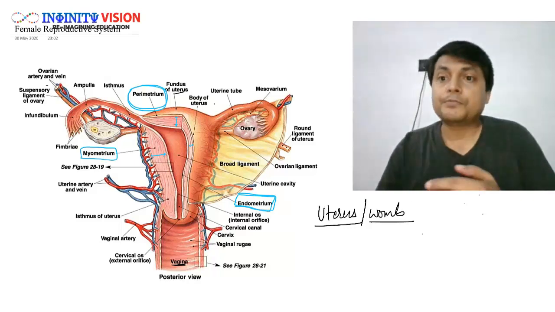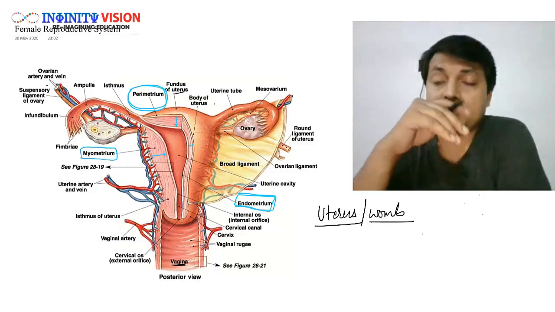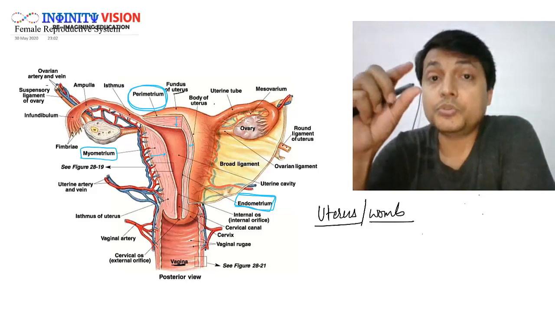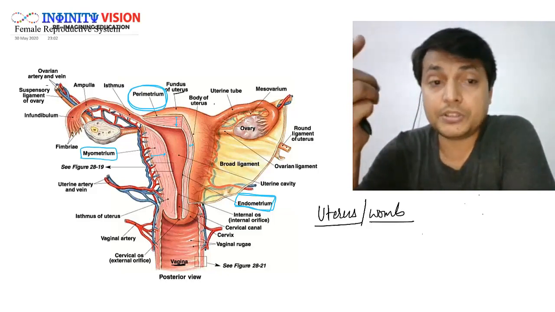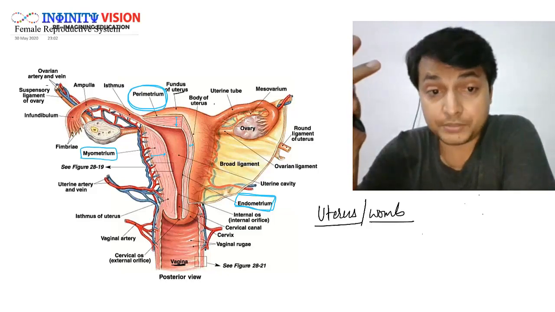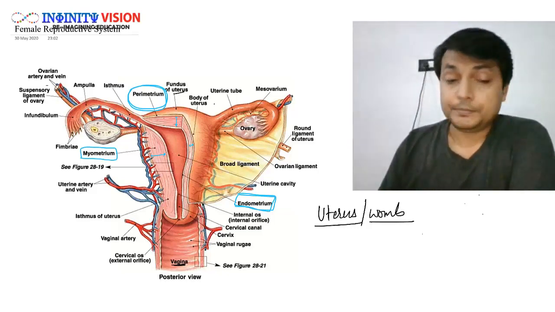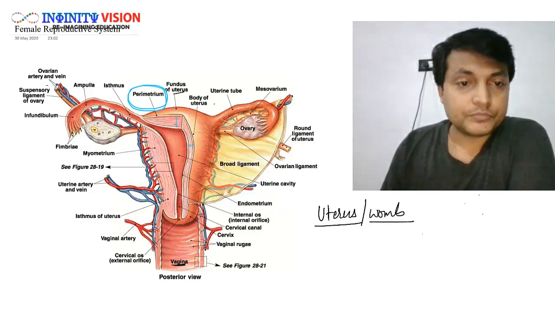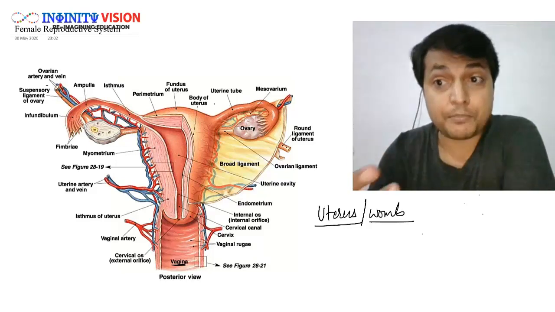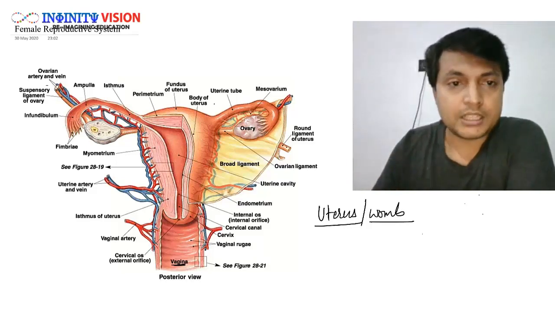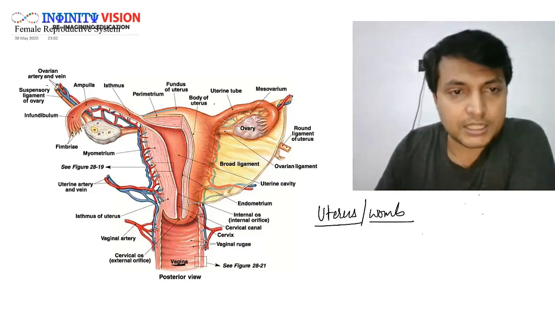If we see the cross section or histology, we find that the entire uterine wall is made up of 3 layers again: perimetrium, myometrium, and endometrium. Now again, let me remove all these things. Now, if we talk about the shape, what is the shape of the uterus? Can you see? The shape is something like this.